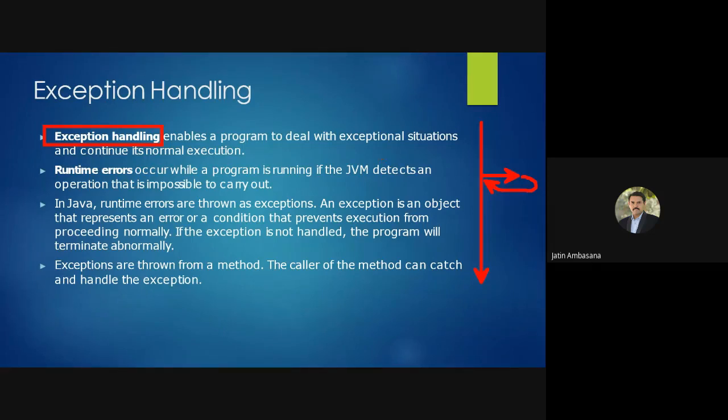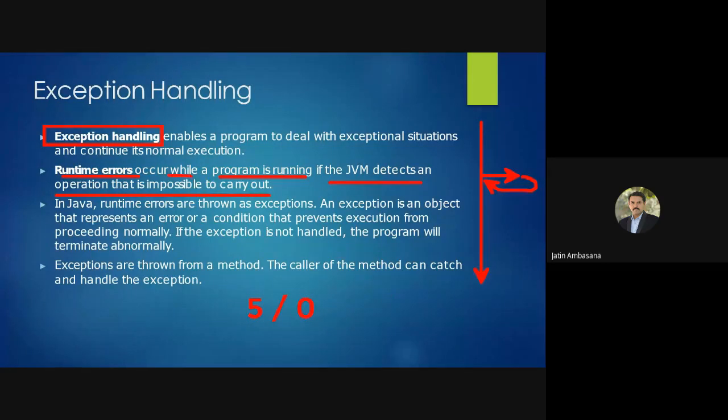Now, there are runtime errors which occur while the program is running. If the JVM detects an operation that is impossible to carry out, for example any number divided by 0, say 5 divided by 0, which we know is an infinite value, this is not possible.